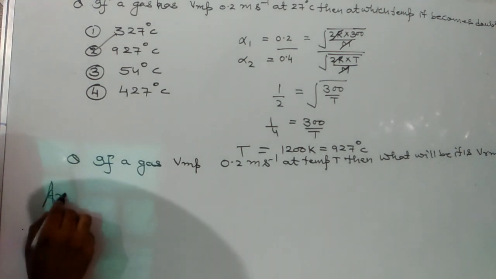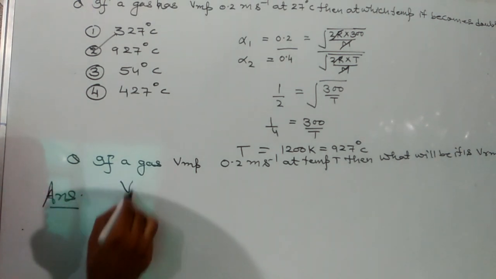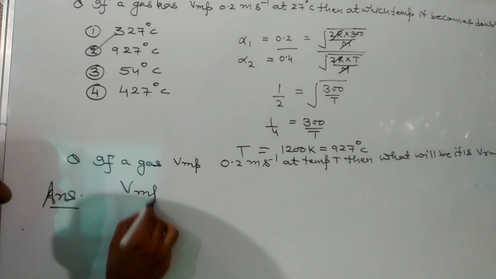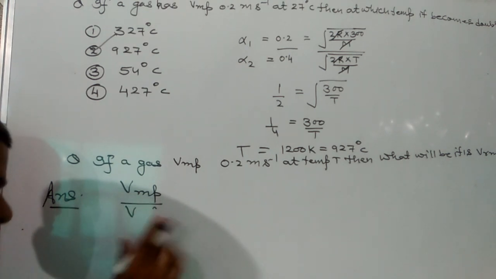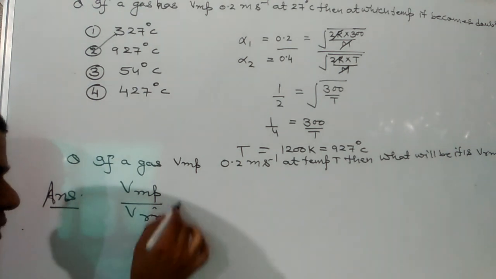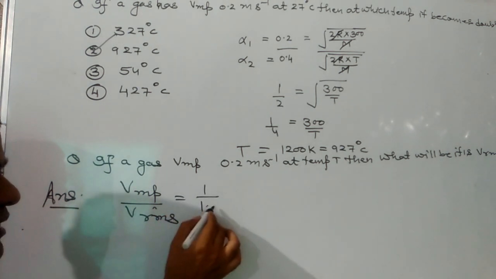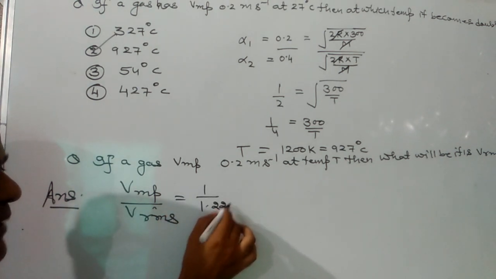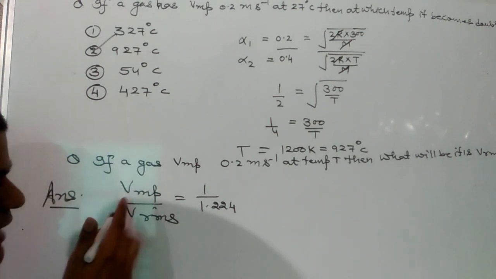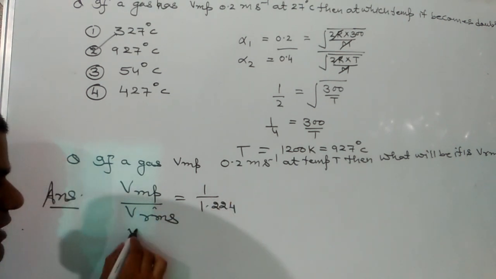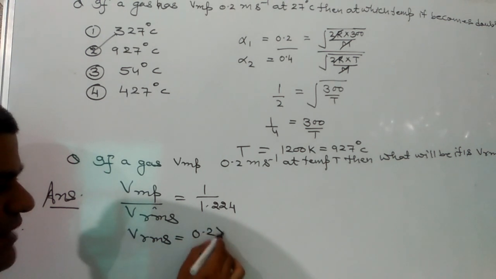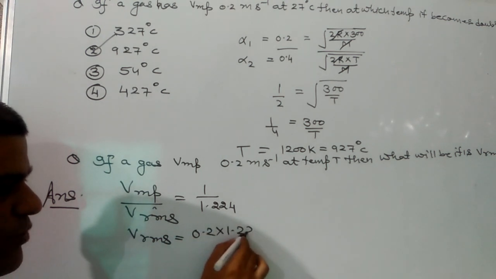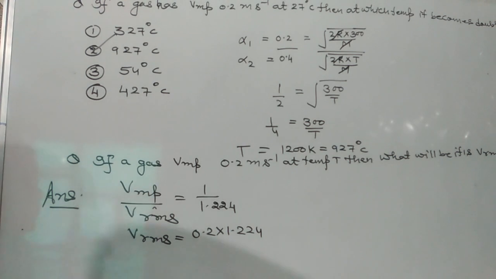As from the above discussion, we know the ratio of most probable velocity to root mean square velocity should be equal to 1 upon 1.224. So here most probable velocity is given, and we need to find root mean square velocity. We can multiply 0.2 into 1.224.